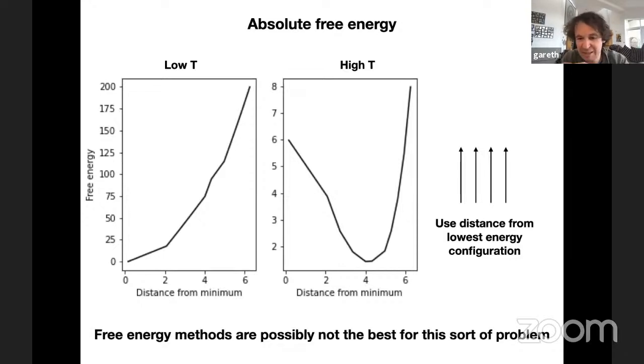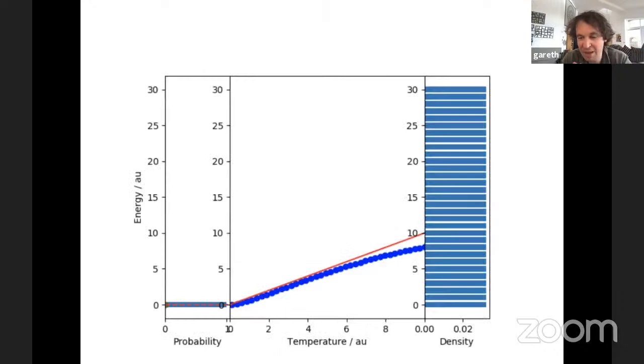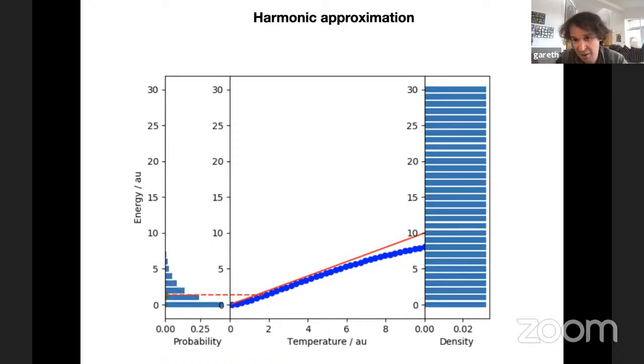We can simplify this and say that all of the fluctuations around that point are harmonic, and then we can use the harmonic approximation to calculate the free energy of that state as a function of temperature, and everything comes out analytically using the maths that you learn from undergraduate statistical mechanics.